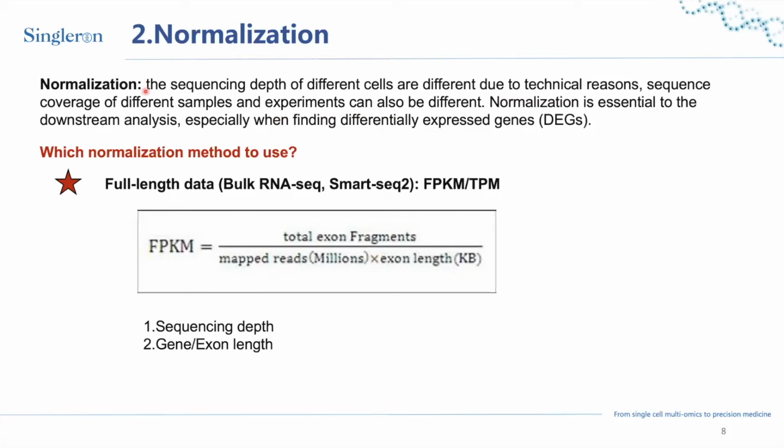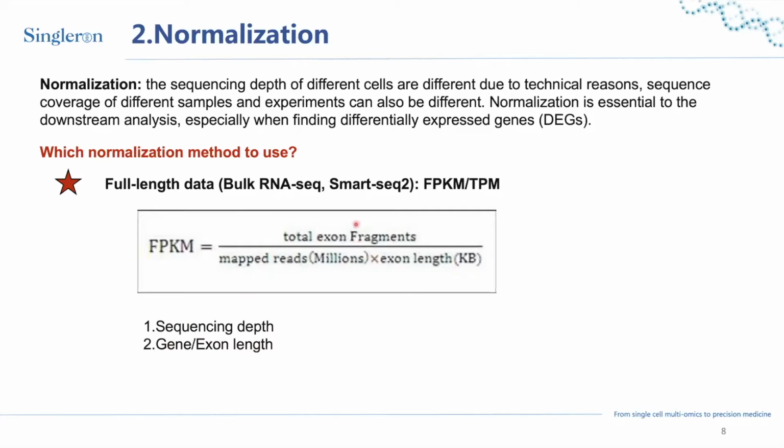However, there are a lot of normalization methods. So which one to choose? It is relevant to the technology you choose to use. For example, for full-length data like SMART-seq2, all the reads are used for quantification. In this case, we are normalizing not only the sequencing depth, but also the exon or gene length, because longer transcripts tend to have more reads mapped to them.